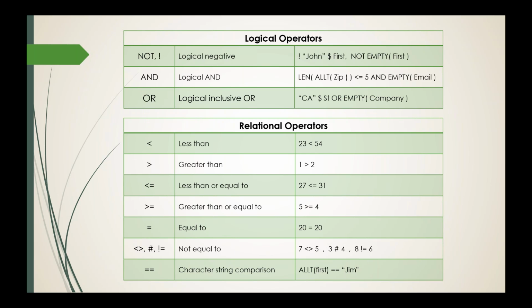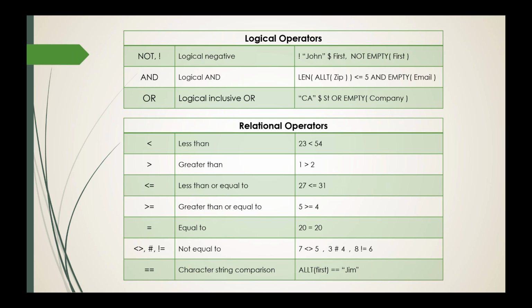Then we have character string comparison. This is going to use the double equal sign, and we've already gone over the character string comparison, which is the $. But rather than asking is this found in, this string comparison asks does this exactly match. So let's say our first field in this example, we're using altrim first, actually had Jim Smith in it.